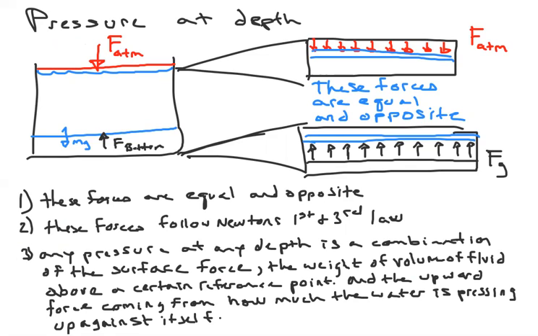Well, as you get deeper and deeper, more and more of this water is going to add up and have some sort of weight to it. It's going to weigh more and more the deeper you go. And so you have these forces starting to push down on you.